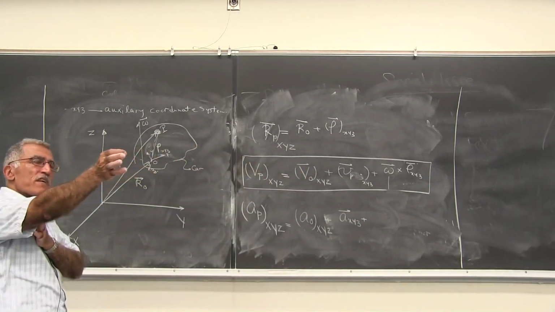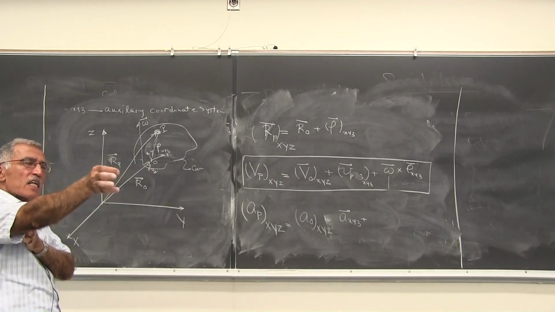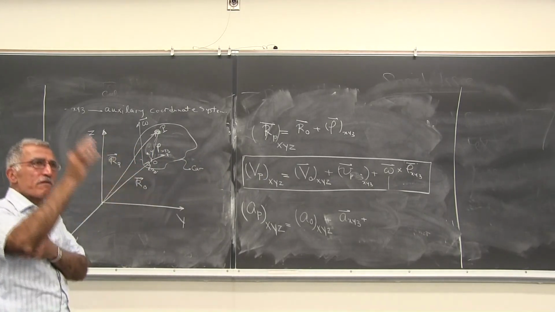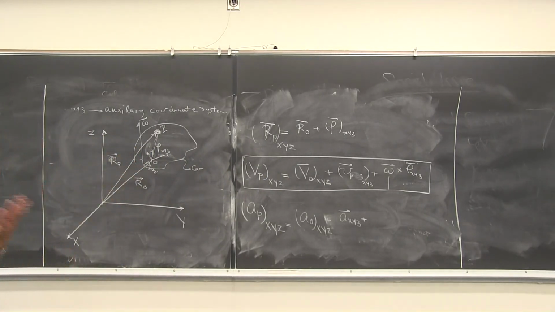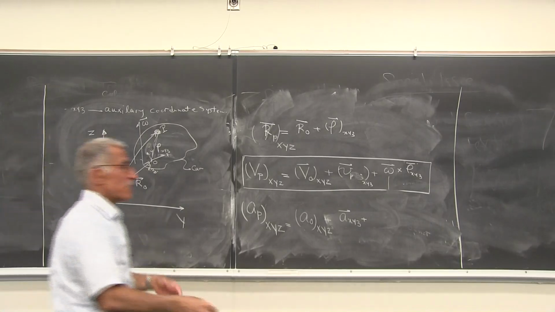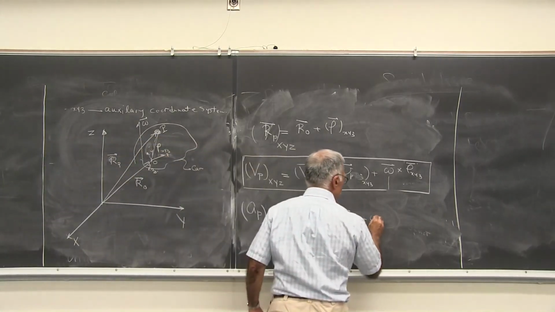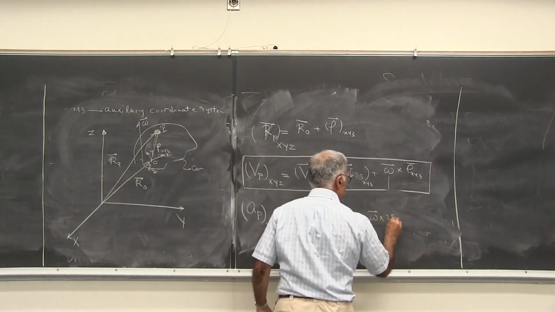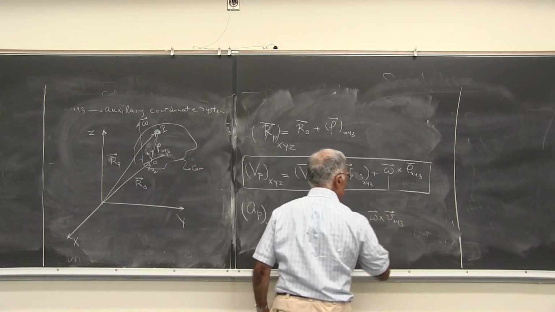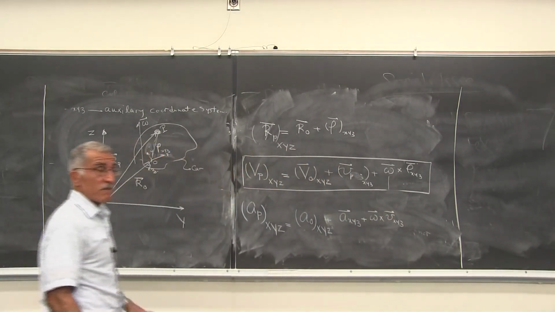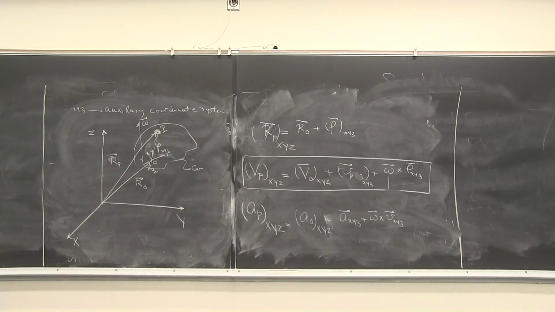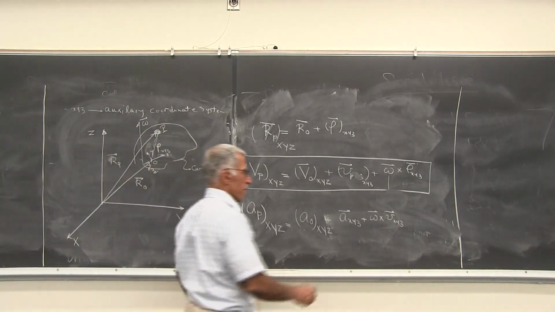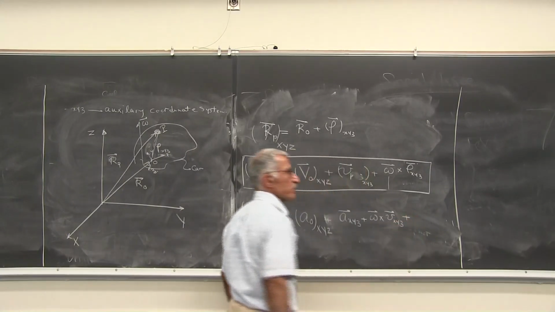But because the vector velocity v inside the car is flipping, that vector v also has additional acceleration, which is omega times Vxyz. So it just has two. Plus.